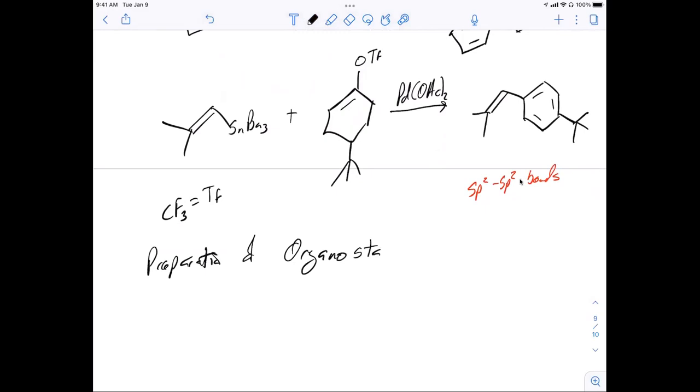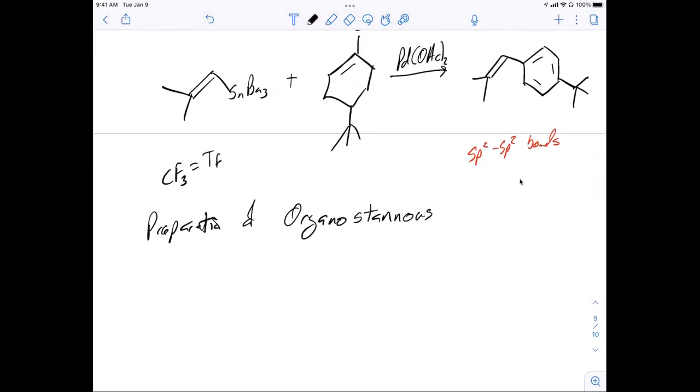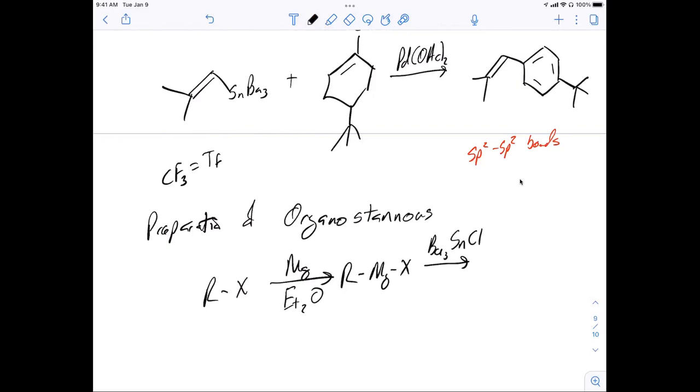Organotin or organostannanes. First, we make the Grignard. And then we add the triphenyltin chloride.